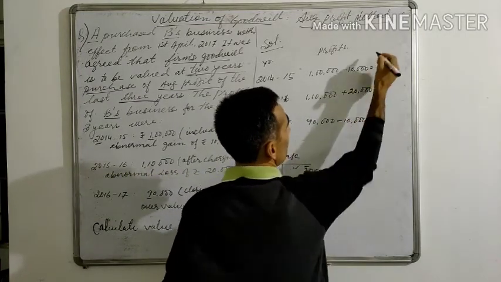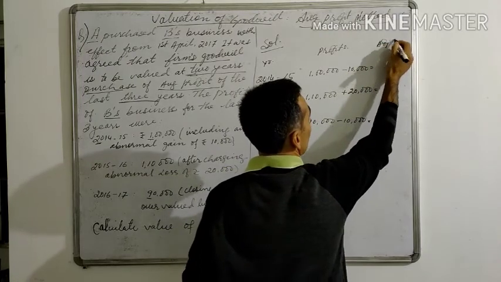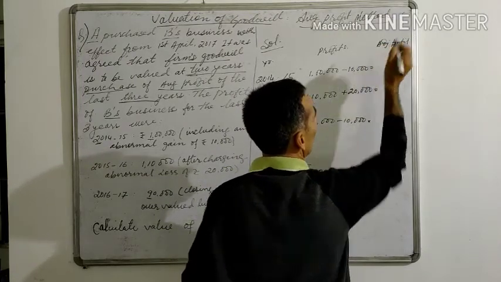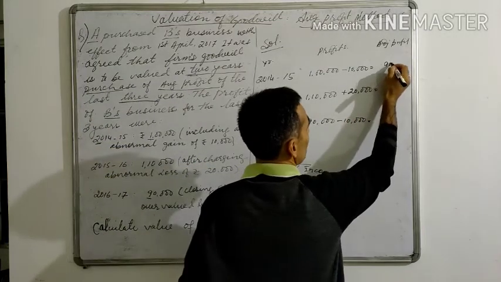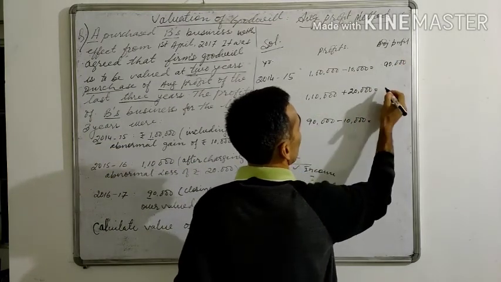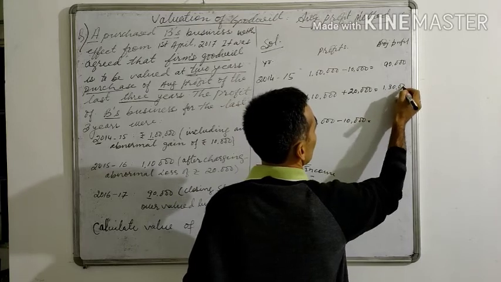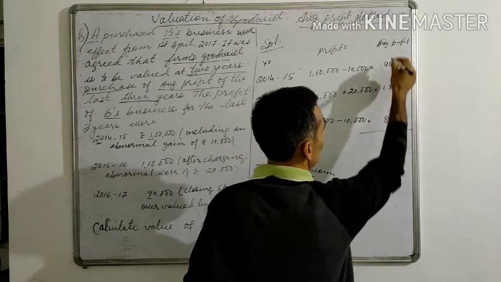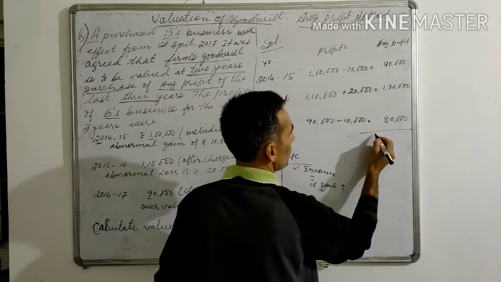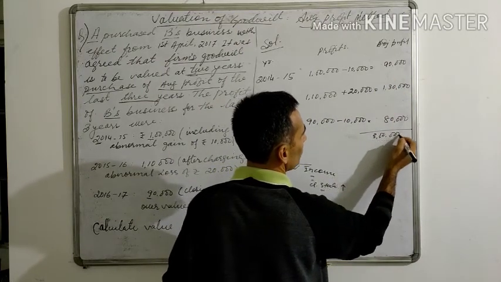So after this adjustment, you get what? The adjusted profit, or the normal profit. So here you have 90,000, here you have 1,30,000, and here you have 80,000. Now let's take the total of this: 2,20,000, this is 3 lakhs.